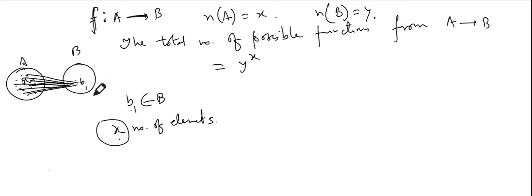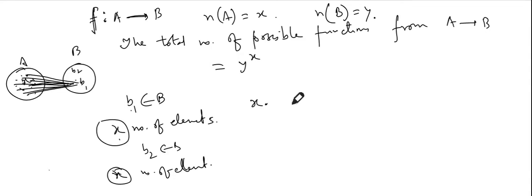Suppose this is B1, and this is B2. For B2, again there are x number of elements which may correspond to B2. So there are y elements in B, and for every element in B, there are x possibilities of A which can correspond to them.